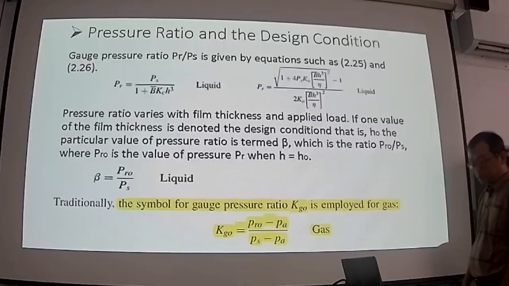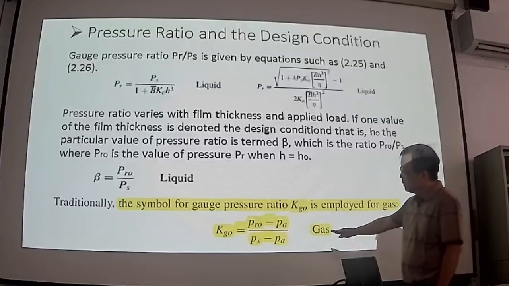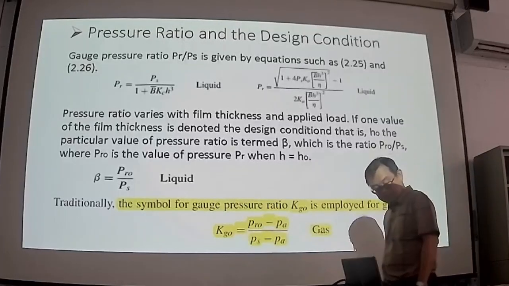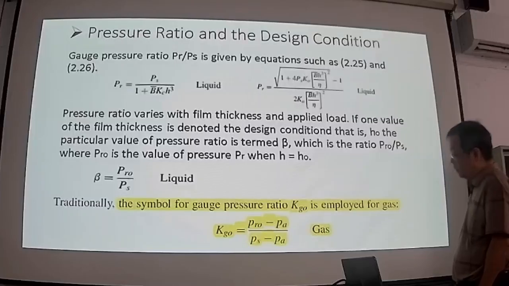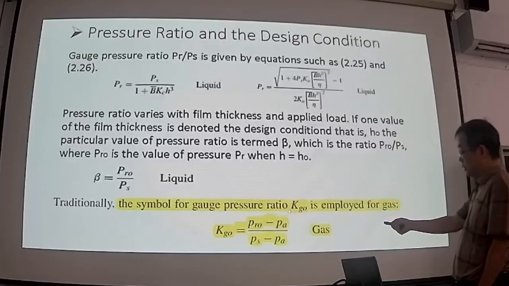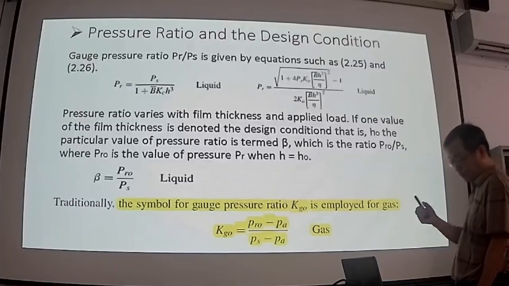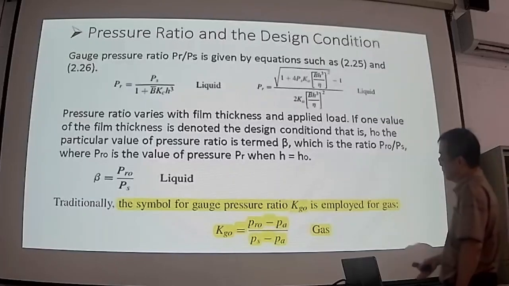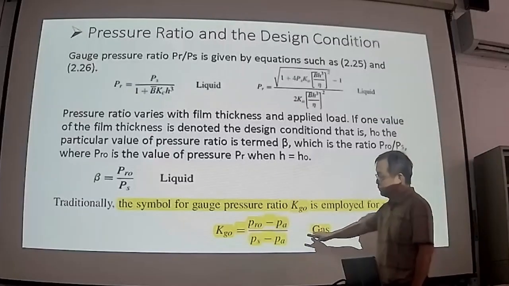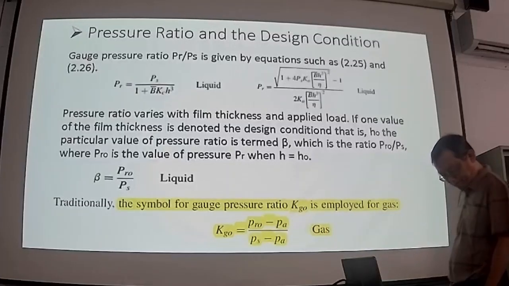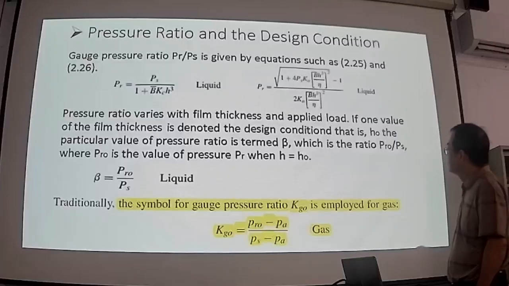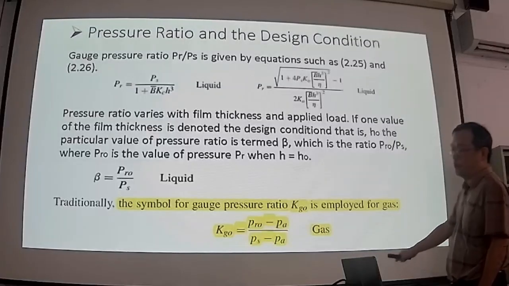And for the gases, we have gauge pressure ratio for the air bearing, especially for the air bearing.